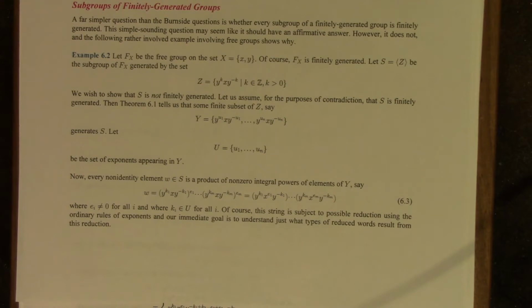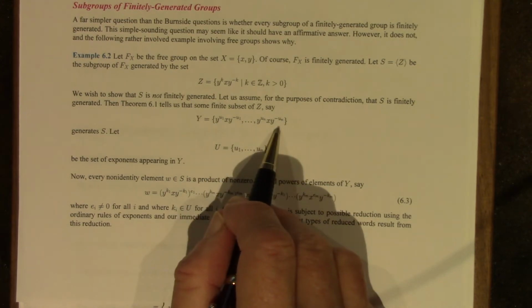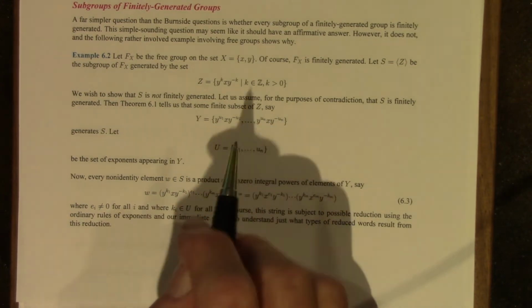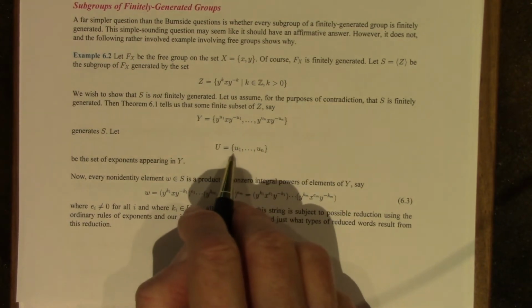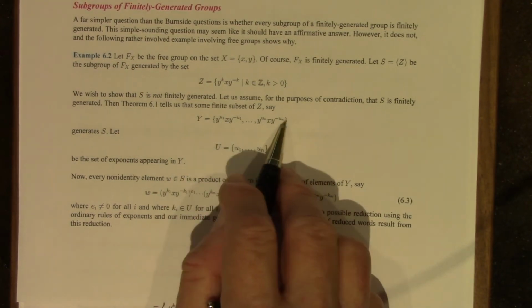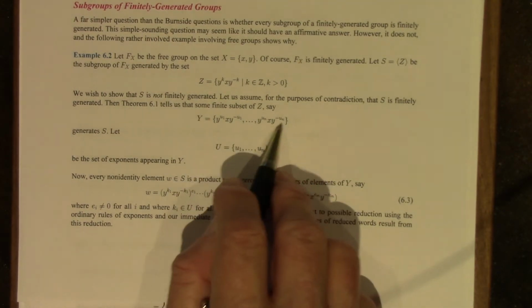And the way we do that is by contradiction. We assume it is finitely generated, so there's a finite generating set that looks like this. And we'll look at the exponents of y in this set, so u_1 through u_n, and of course then their negatives also appear.